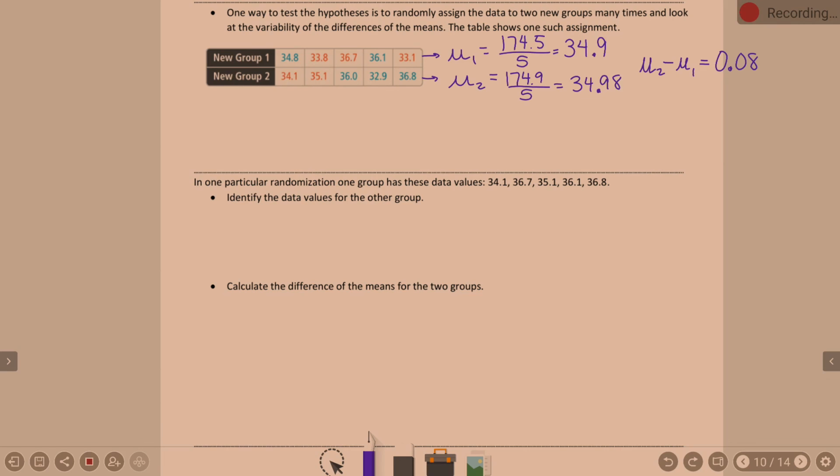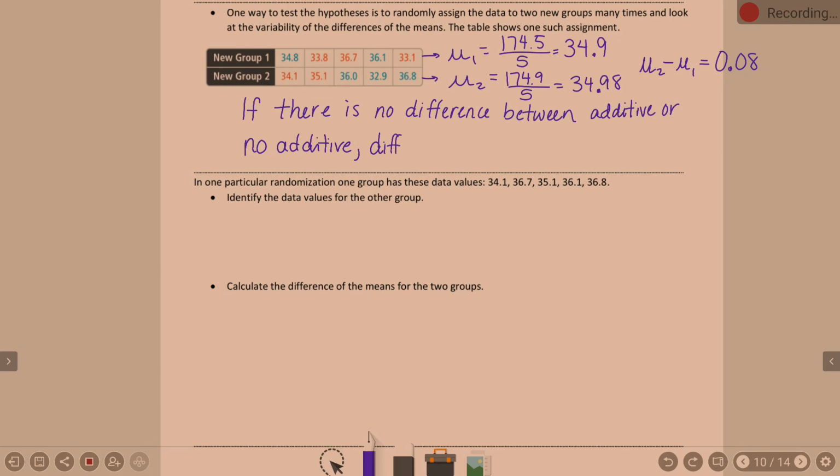So I'm going to write a statement here: there's no difference between additive or no additive. The difference will be 0.